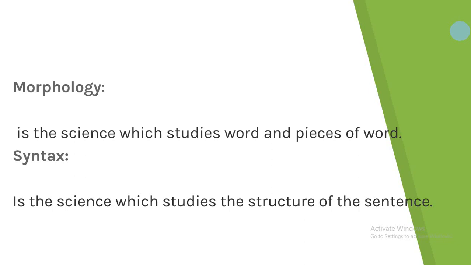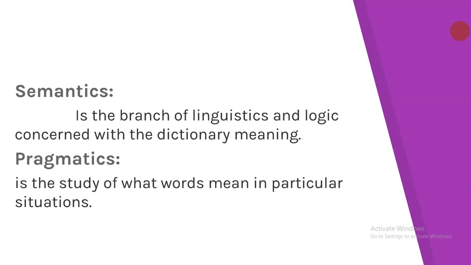Syntax is a science which studies the structure of sentences. I tell you the basic definition of syntax: the grammatical structure of a sentence is also known as syntax. Next one is semantics, the branch of linguistics and logic concerned with dictionary meaning.